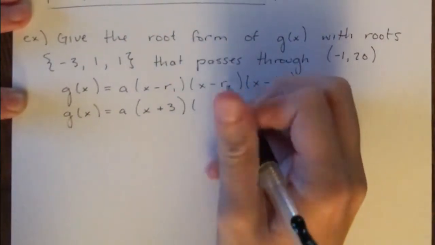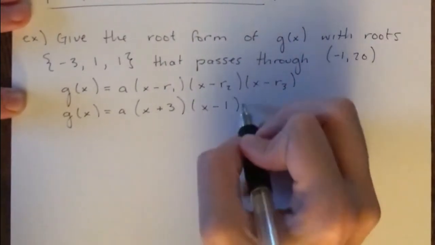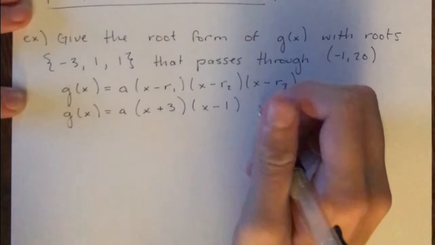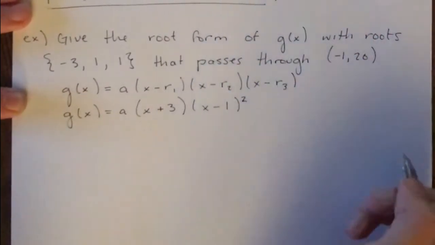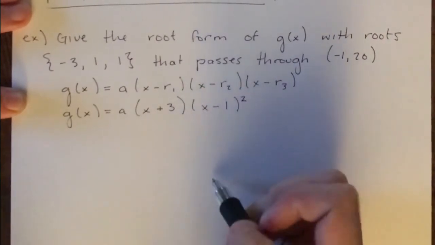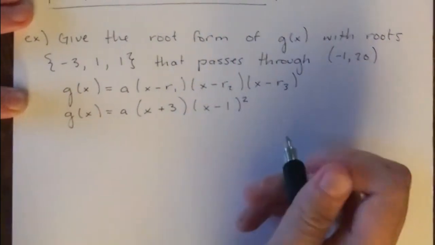Minus a negative. Then we have x minus 1, and then we have another x minus 1. But instead of writing x minus 1 a second time, I'm going to choose to condense them and just write squared, right? I know that this is equal to x minus 1 times x minus 1.